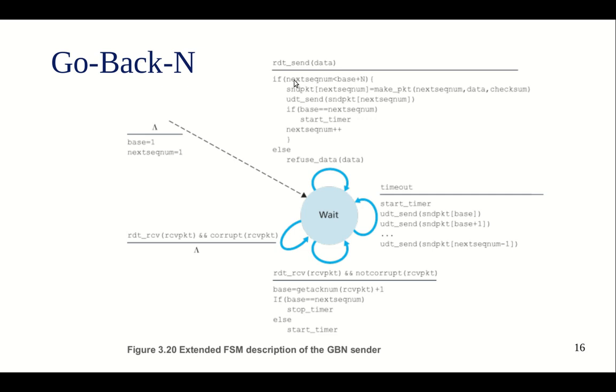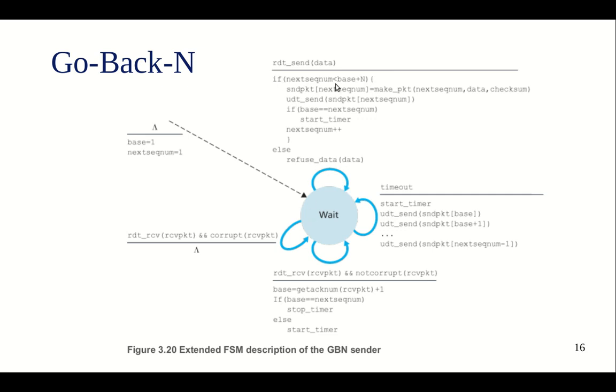That is, if next sequence number is less than base plus n, that is, we are still within the window. If the window were full, that means we have transmitted the maximum number of packets possible, and now we can't send any more until we receive acknowledgements and the window shifts right. So if next sequence number is less than base plus n, then we can send it, else we have to refuse data, we have to refuse the application.